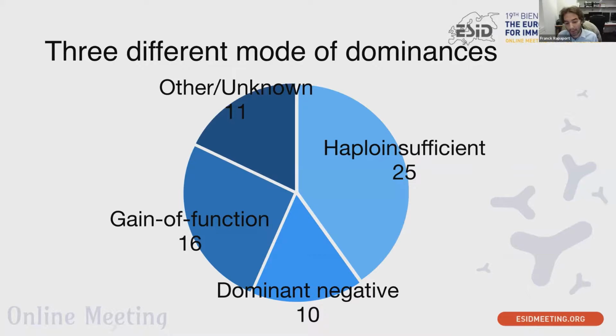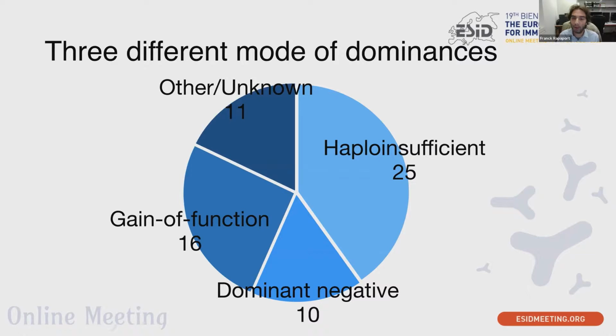We also wanted to see if the mechanism of dominance would impact the negative selection. So genes that underlie autosomal dominant inborn errors of immunity can do it through three mechanisms. They can do it either through gain of function, or through loss of function by haploinsufficiency, or through loss of function by negative dominance.